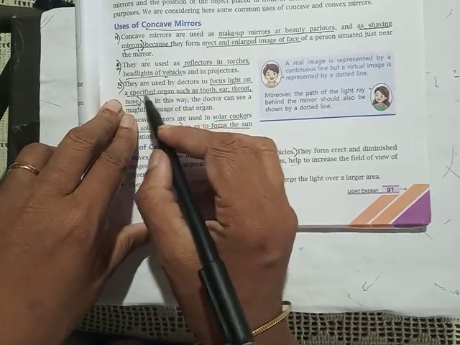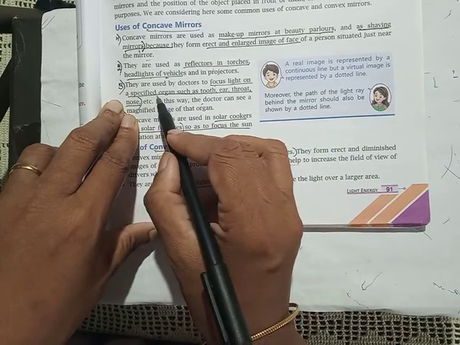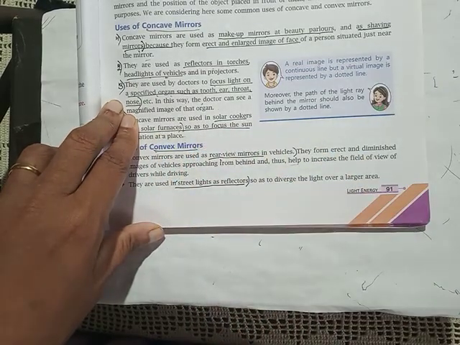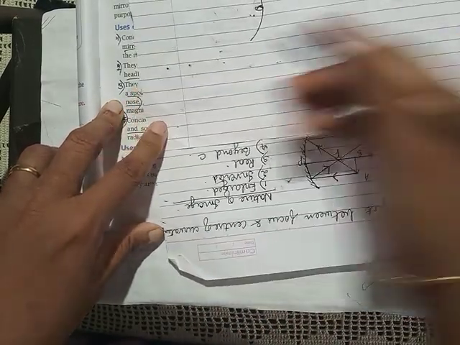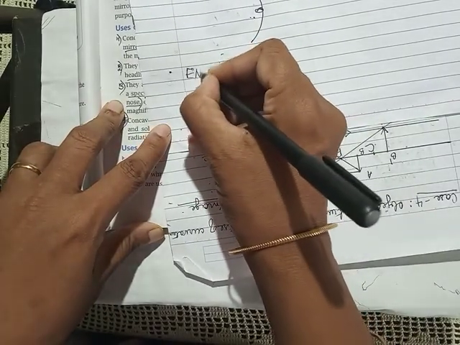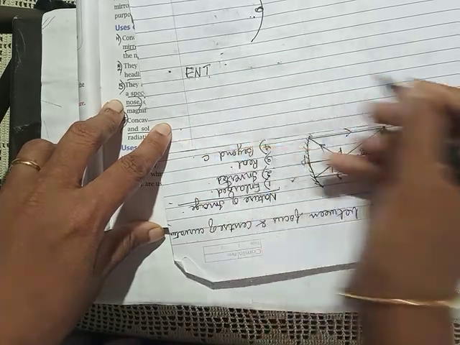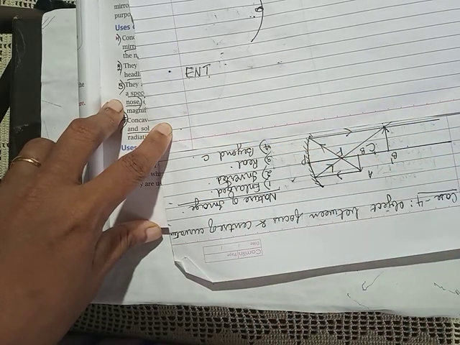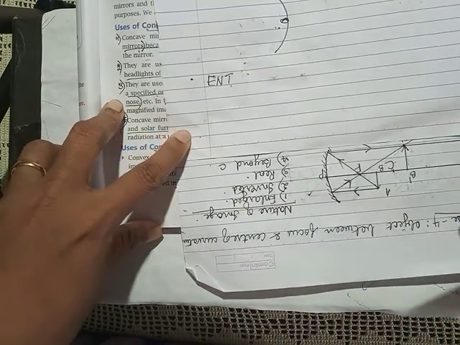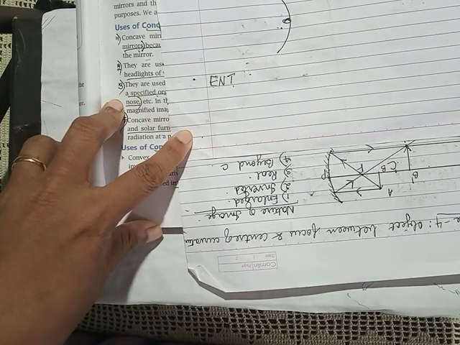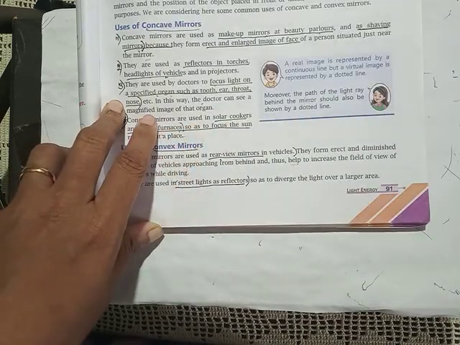Third, they are used by doctors to focus light on a specified organ such as tooth, ear, nose, throat. You would have seen a specialist called ENT, ear, nose, throat. He will always have a torch kind of thing on his forehead, with a band around it.